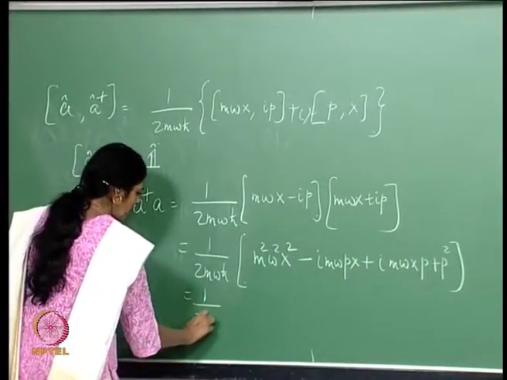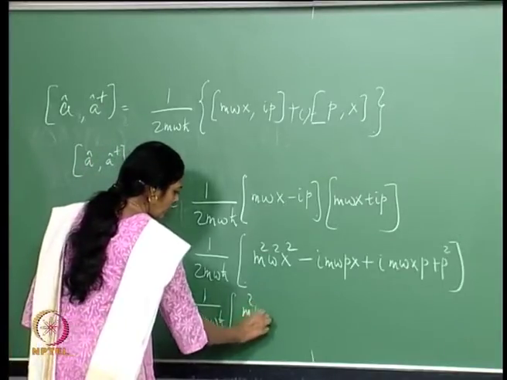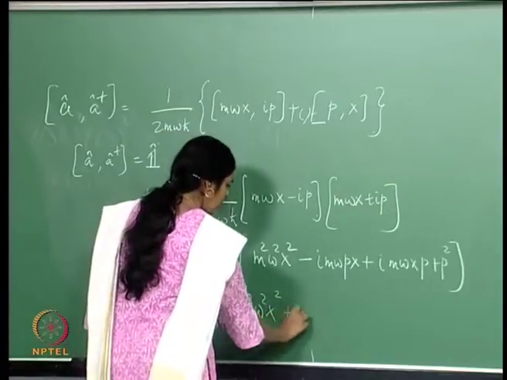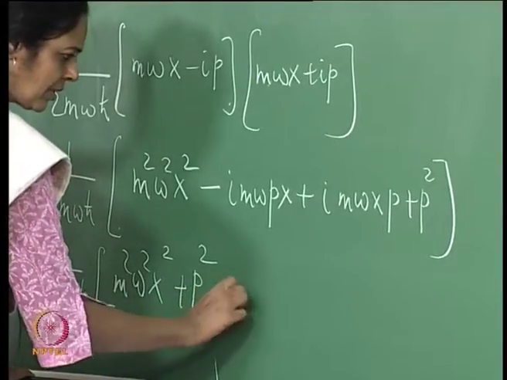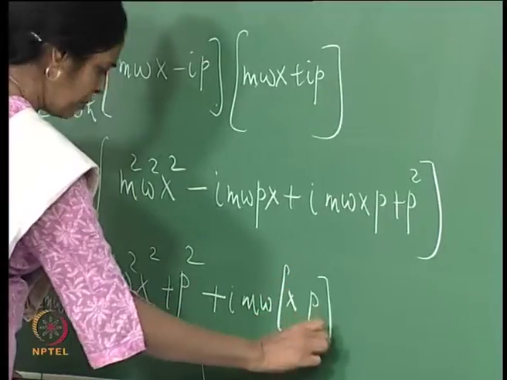Well, that is simply 1 by 2 m omega h cross, m squared omega squared x squared plus p squared plus i m omega commutator of x with p.